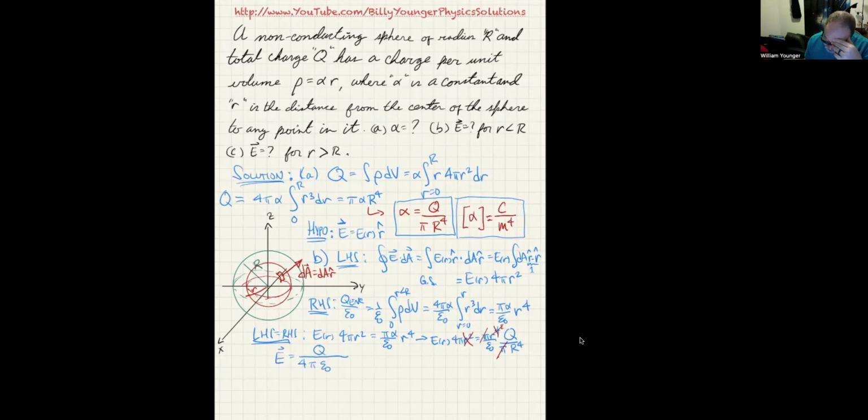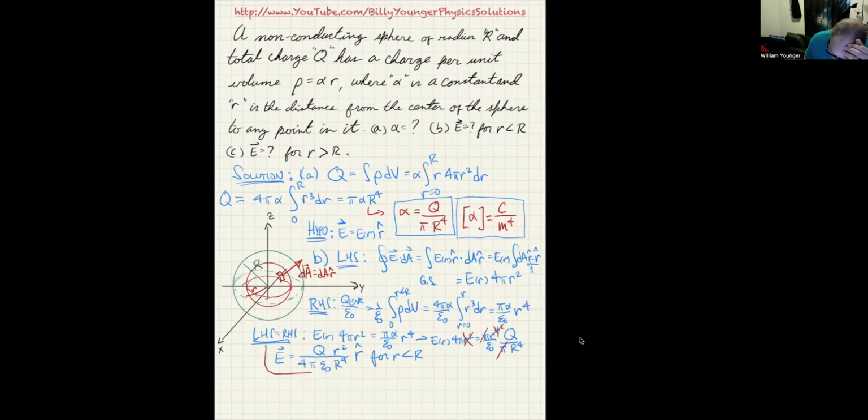Now I have the big R to the fourth in the bottom. And in the top, I just have an r to the fourth, but actually that canceled out with two of those. So I'm left with r squared on the top. And all of this will point in the r hat direction. And this is for r less than big R.